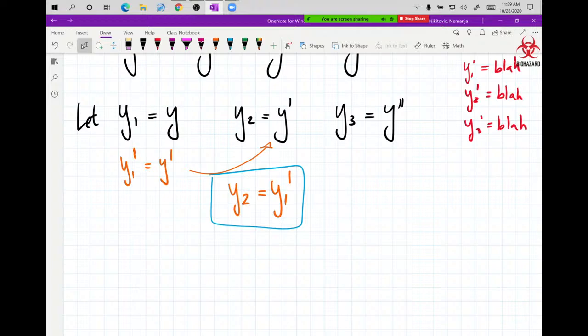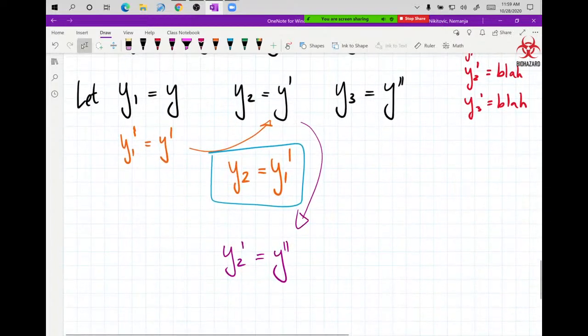So I'm going to go into this equation, and I'm going to say that y2 prime is equal to y double prime. But I know from here that y double prime is y3.